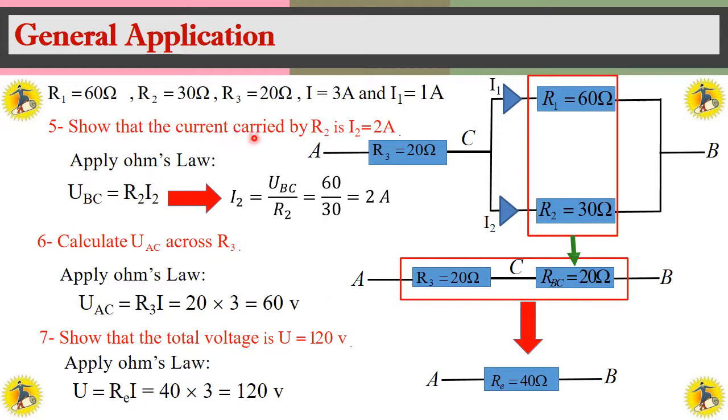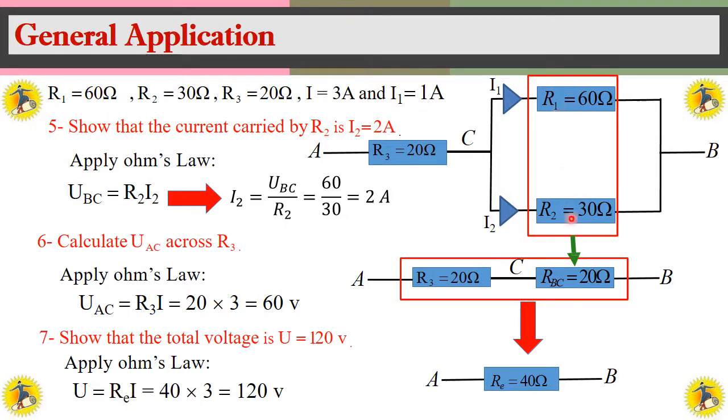Show that the current in R2 is I2 equals 2 ampere. Apply Ohm's law. We have the voltage BC and the resistance R2. We will divide them to get the value of I2 equals 2 ampere. Or we have the total current 3 and I1 equals 1.